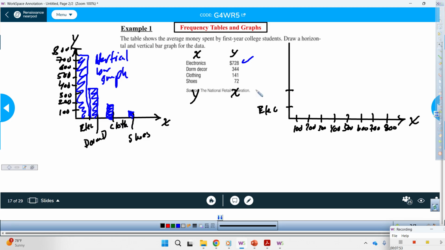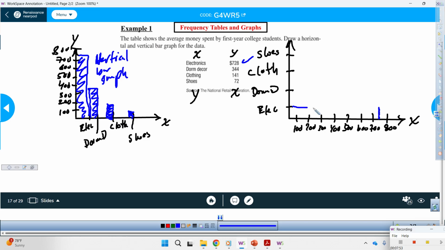We got dorm decor. We got clothing. And lastly, shoes. All right, let me see. Let me start with electronics, the 728. So it's about over here.